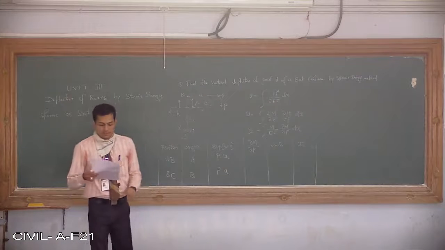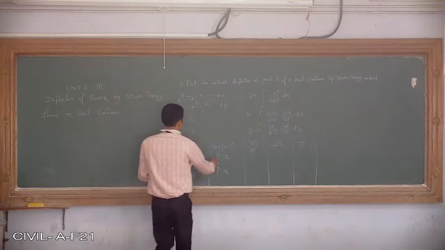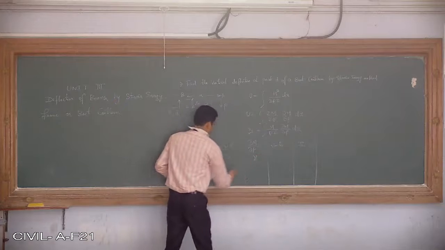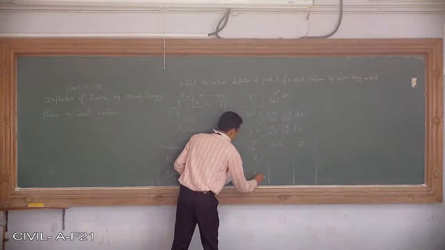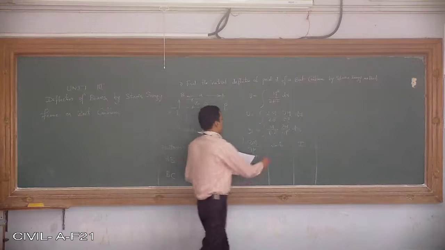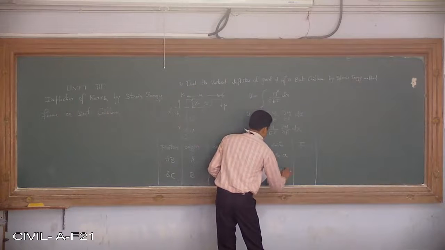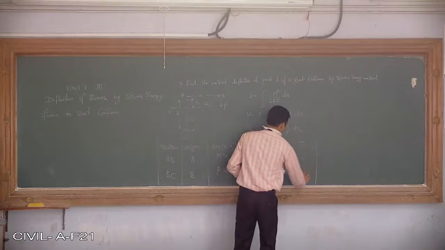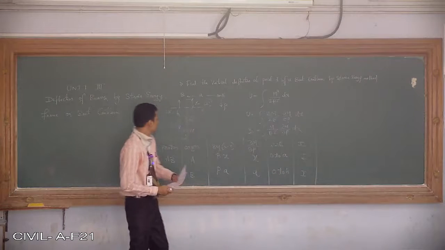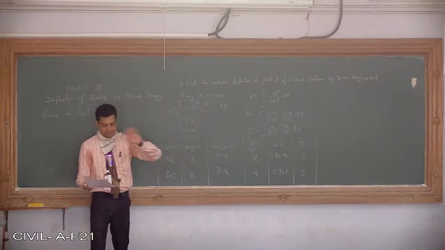Clear? Differentiation with respect to P: what remains here? X, since with respect to P it is 1. Here a remains. Limits will be 0 to a and 0 to small h. The moment of inertia is I and I; we are not going to vary it, we are keeping it the same.